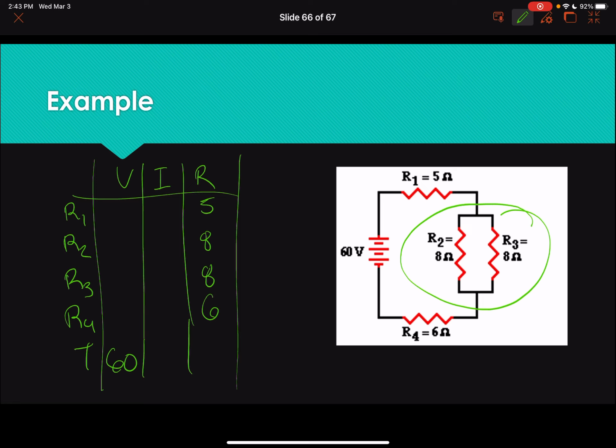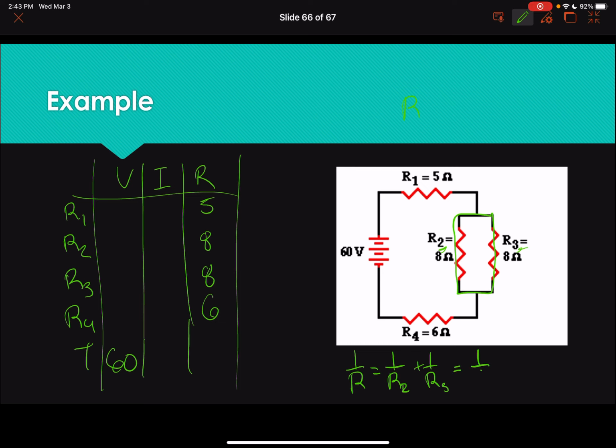So let's use our parallel rule here and simplify the circuit into a different resistor. So let's find the equivalent resistance of this section right here. 1 over R is equal to 1 over R1 plus 1 over R2, but in this case, it's 1 over R2 plus 1 over R3 because those are the variables we're talking about.